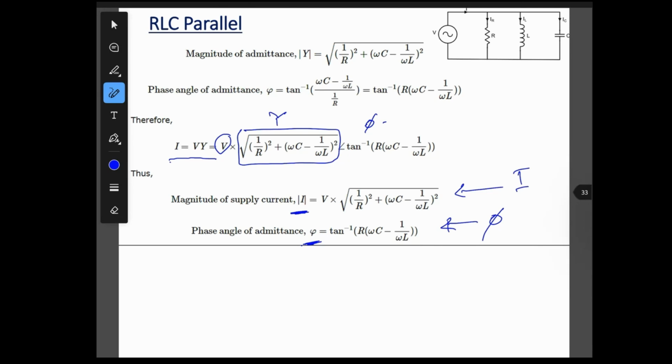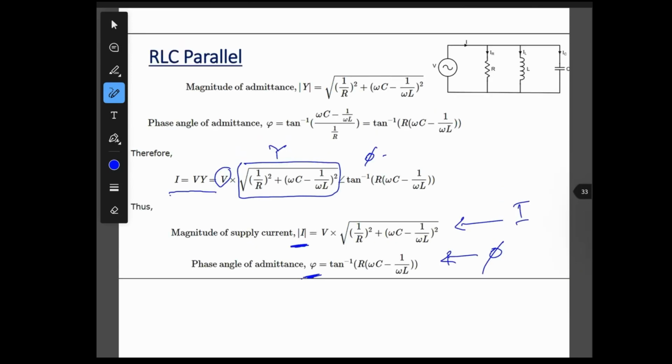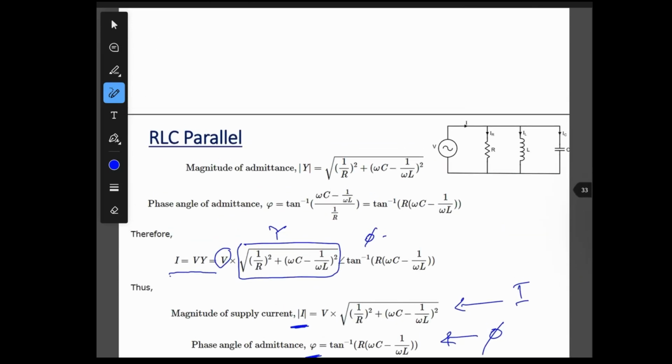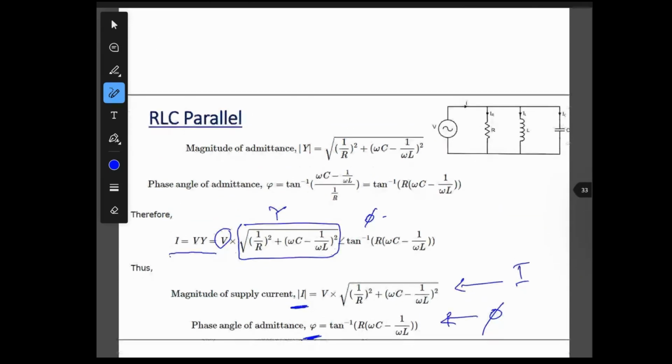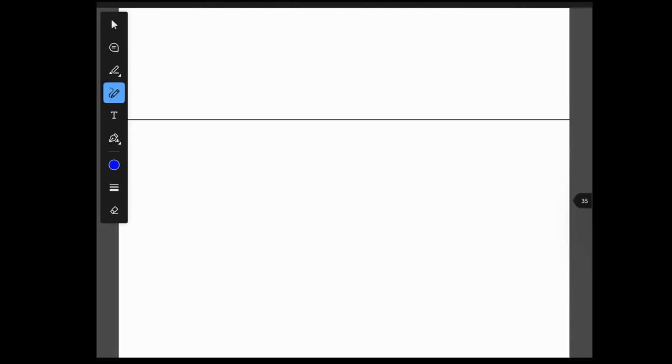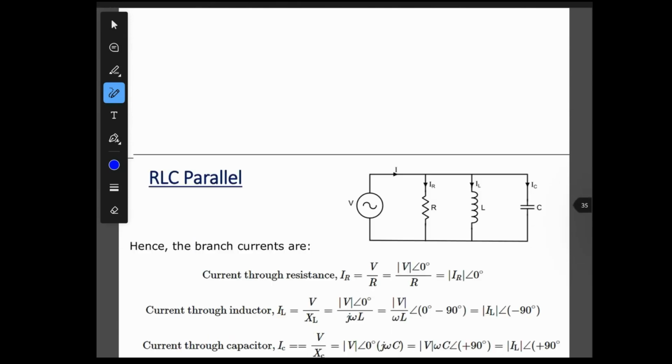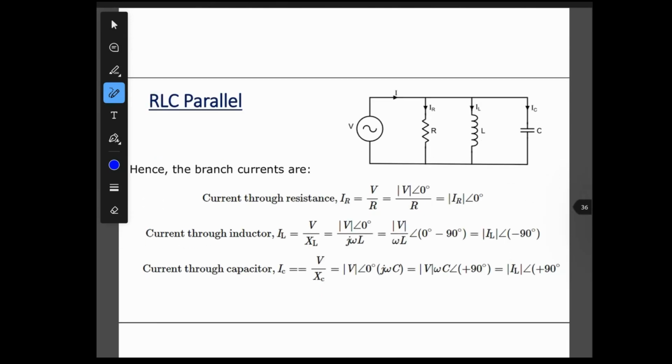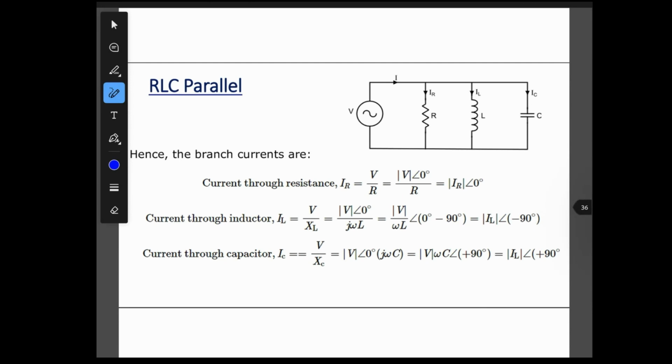Is it okay? Okay, good. This one I already explained.